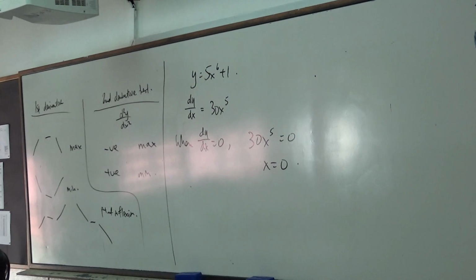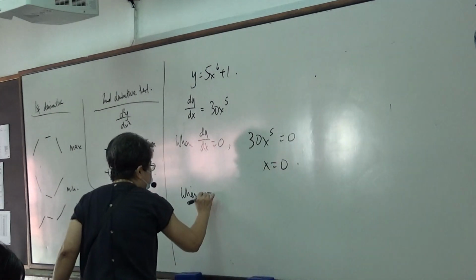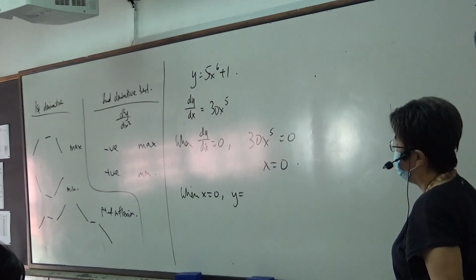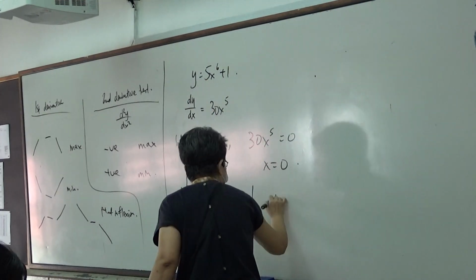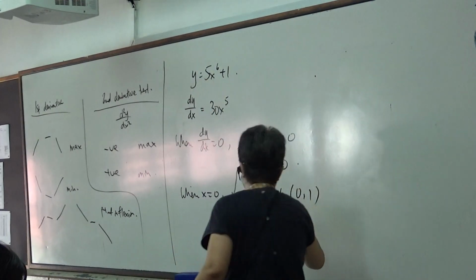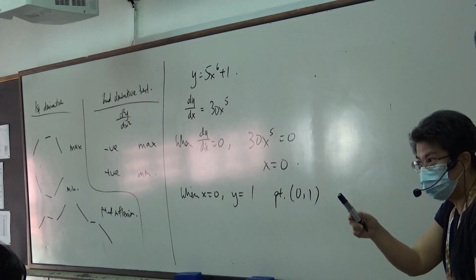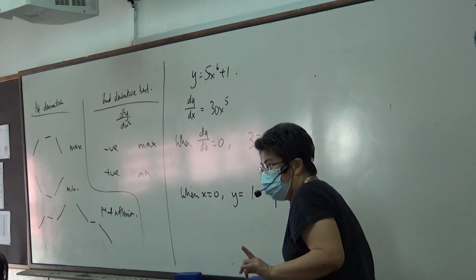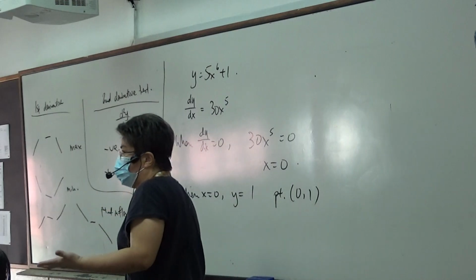Yes or no? Okay, now when x is 0, what is my y? 1. So actually the point is (0, 1), right? Correct or not, class? That means I have a stationary point at (0, 1). Agree?